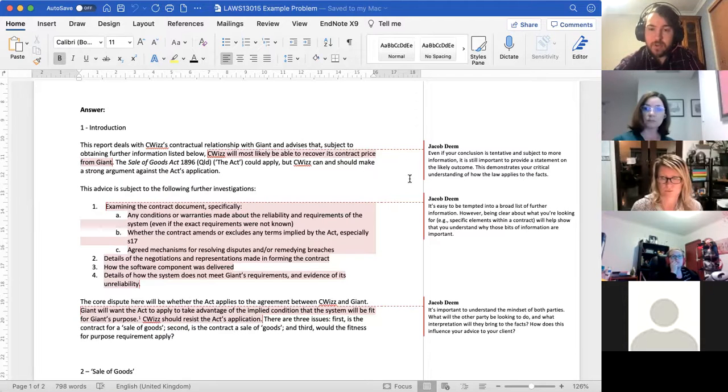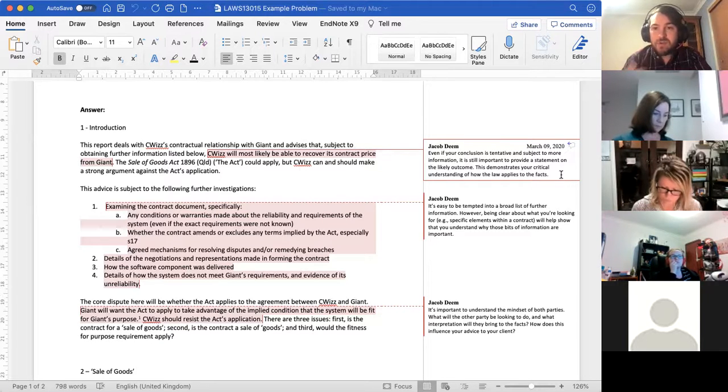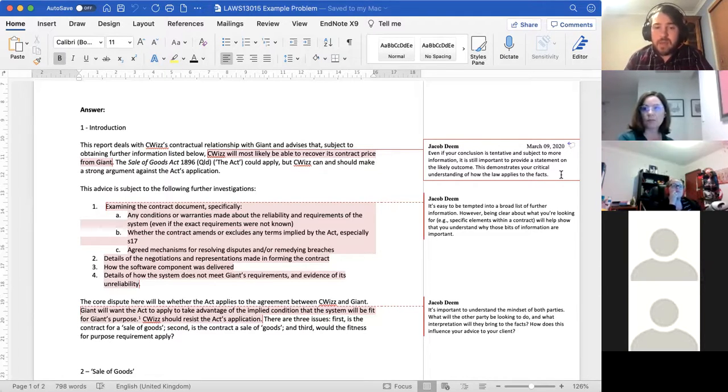So thinking about the gaps in our factual knowledge potentially having implications for the conclusion, one thing that's important to note is that you should have a conclusion still, even if it is a little bit tentative. You can hedge a little bit, but if you hedge too much, you're not actually communicating to me that you've critically analyzed the problem.